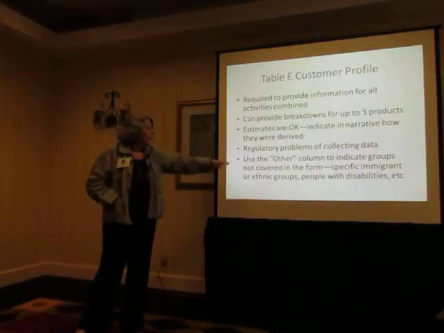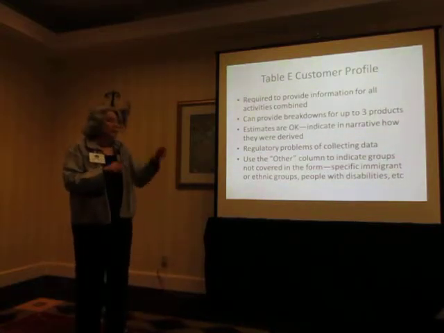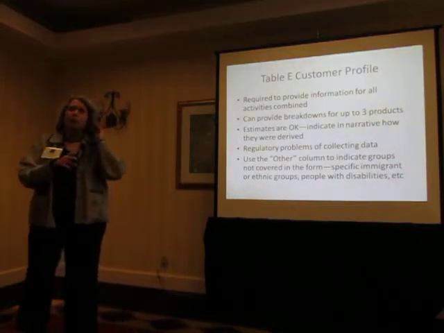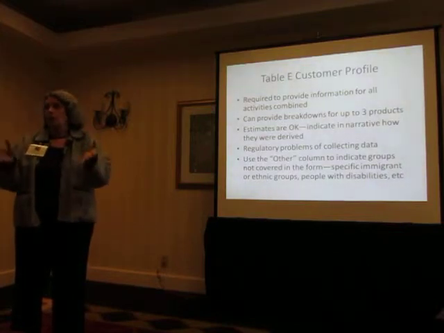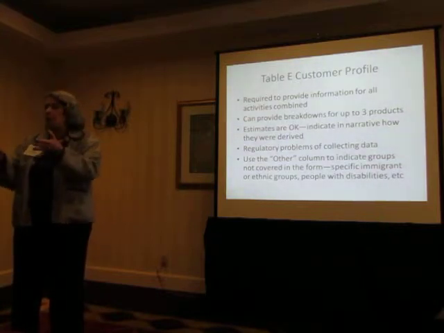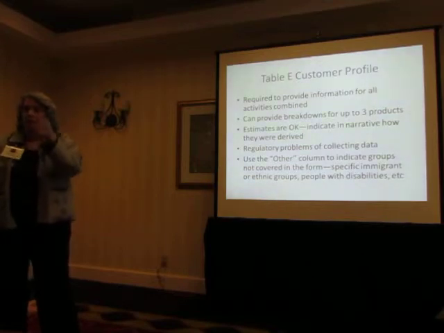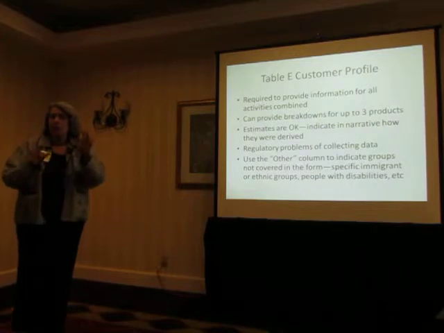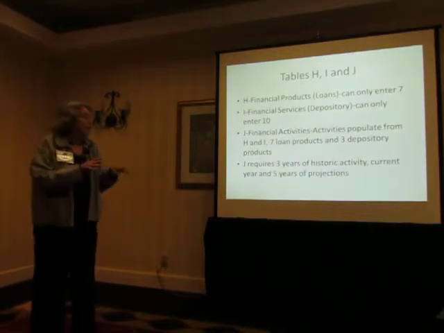And one tip is there's an other column, and you can use it to indicate groups that aren't covered in the form. I worked with one credit union that served Hmong and Laotian immigrants in one of their branches. About 30% of their members were from Laos, so they could indicate that in the other column, or people with disabilities, anything unique that doesn't fit into the other demographic categories.